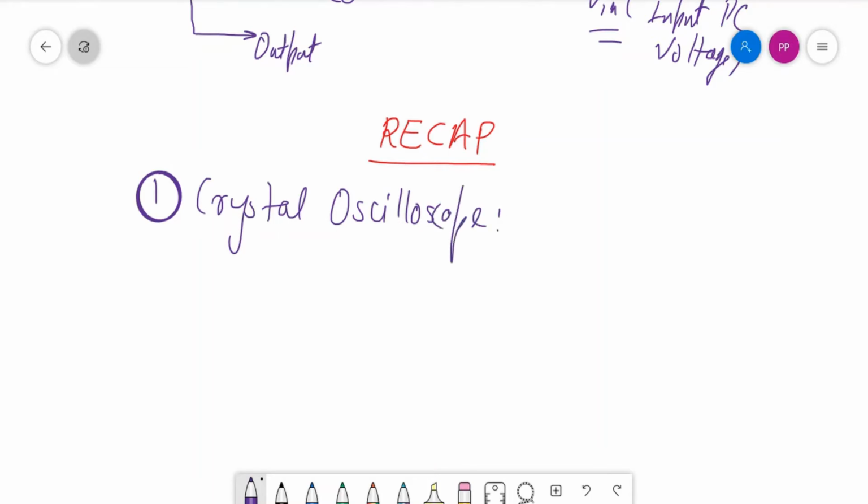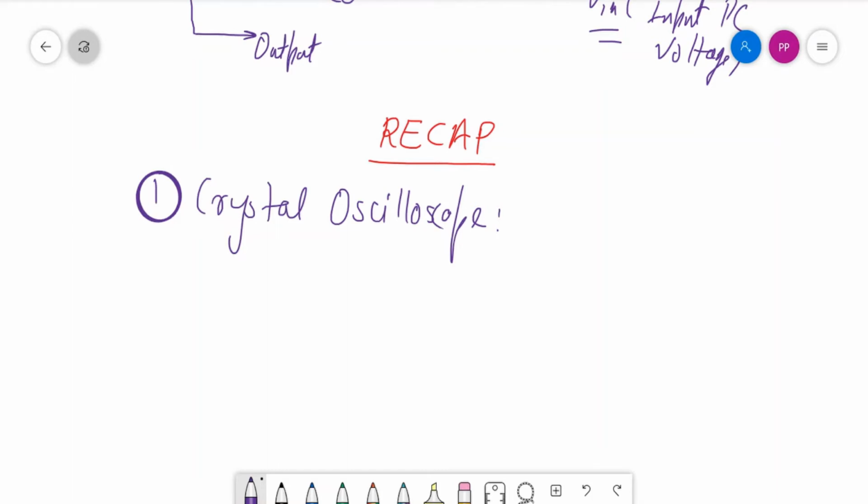We have seen that in the case of the crystal oscillator, for generating high frequency there are other options like inductor capacitor oscillators, which have the limitation of low temperature stability, and whose operation is limited by temperature variations also.